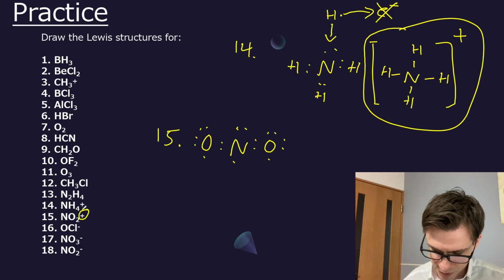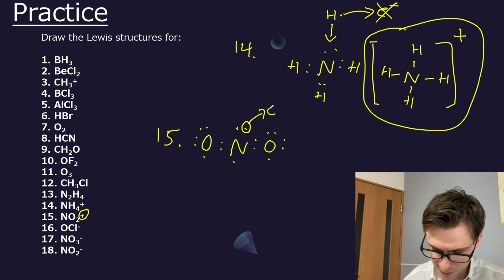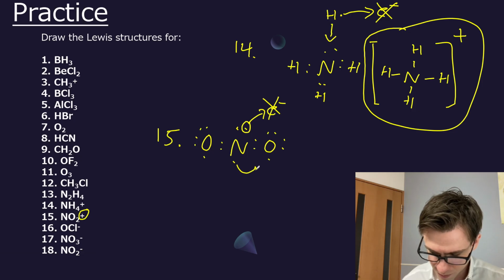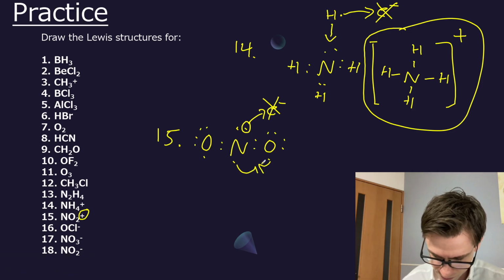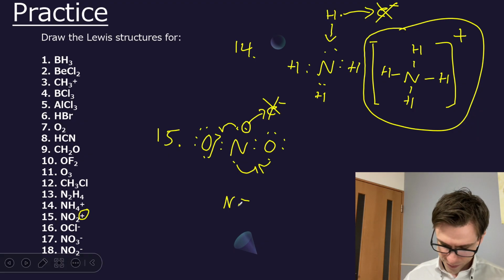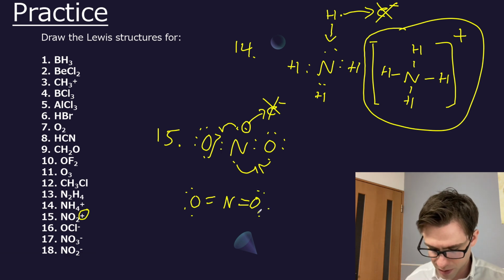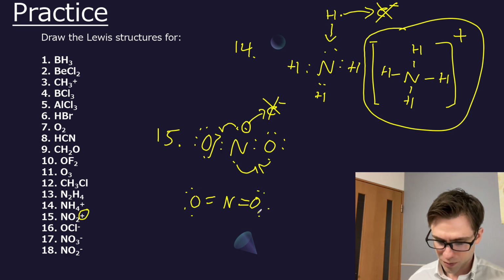Well, what if I just remove 1 from the nitrogen at the top here? Kick this out and remove it. Then I'll be able to form a double bond here and a double bond here. So we'll get N double bond O, these oxygens will have octets, so will nitrogen, but nitrogen is forming 4 bonds. That's one more than usual.